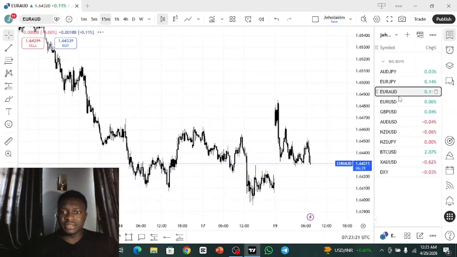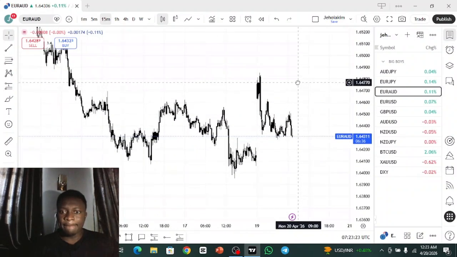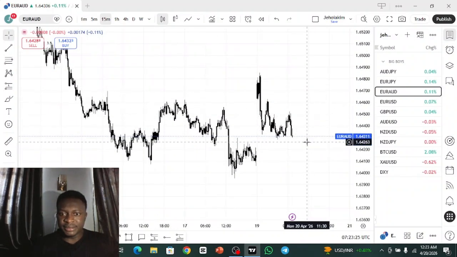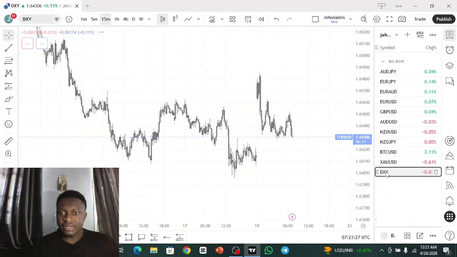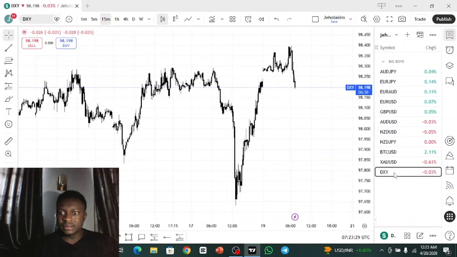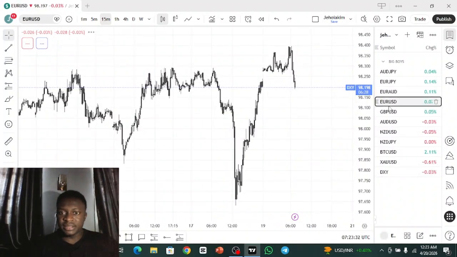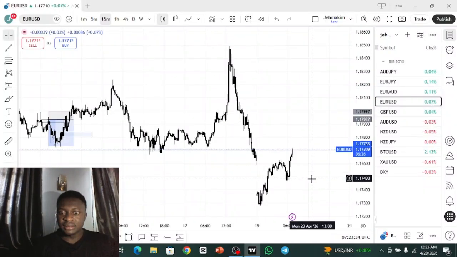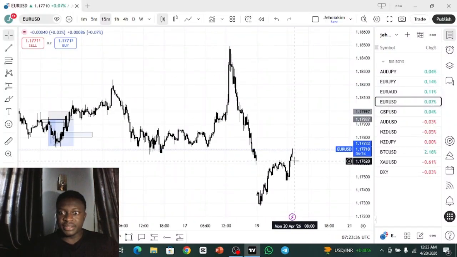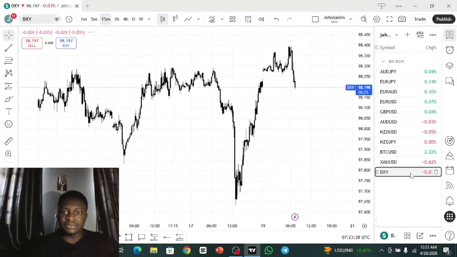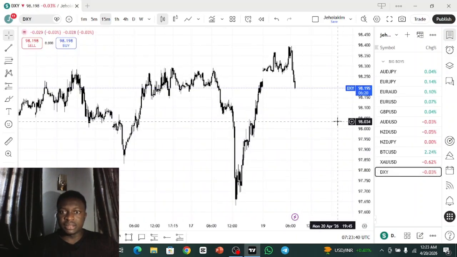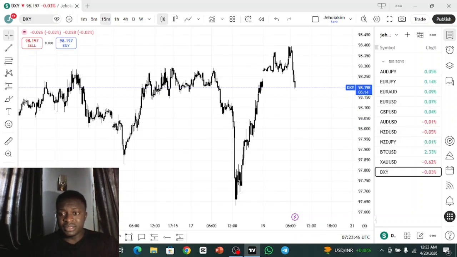Now look at Euro USD. Look at how the price is coming down, and look at DXY. Look at Euro USD, the price is going up, and if you look at DXY, the price is coming down. One of the things that is vital in your trading journey is that Euro USD and DXY move in opposite directions.